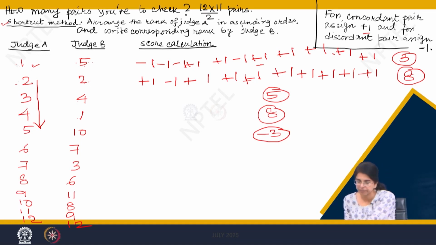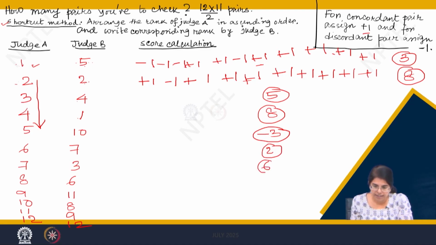Then 2, then 6, sorry, it will be 5, I think, yeah, it will be 5, and finally you will just make these gaps to be filled by the scores, and finally for 12 it will be 1. Okay, not for 12 but for 11.